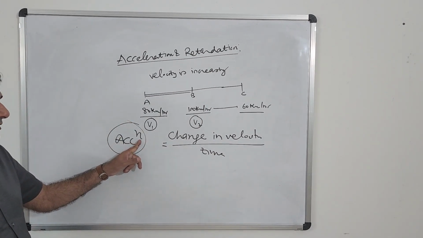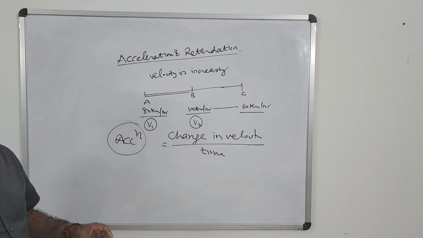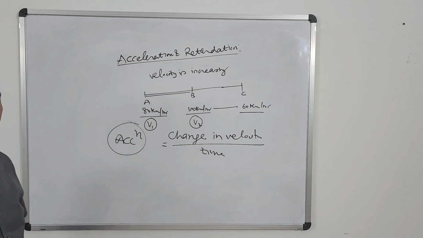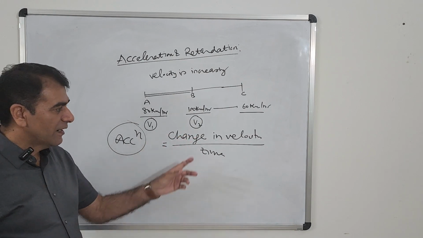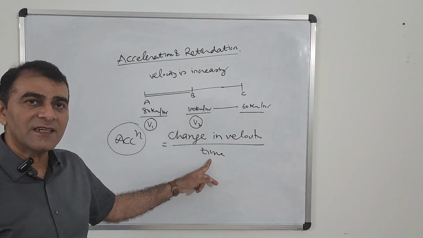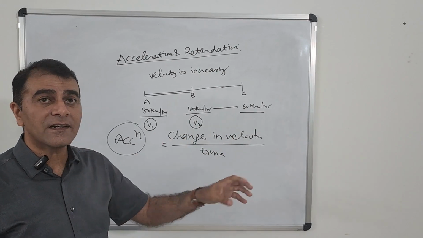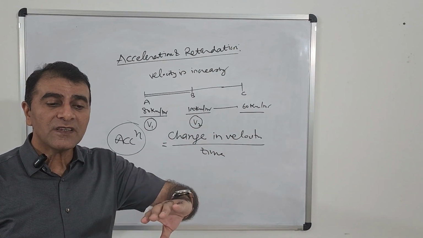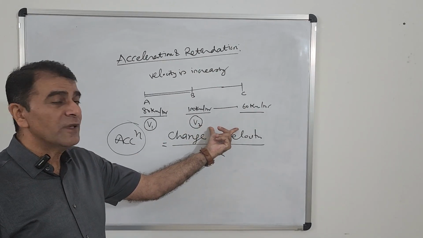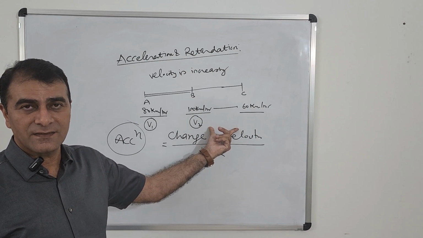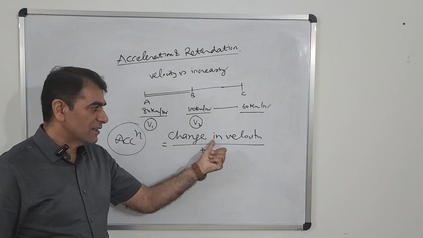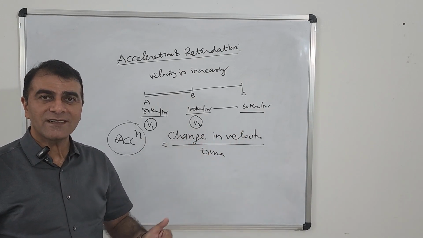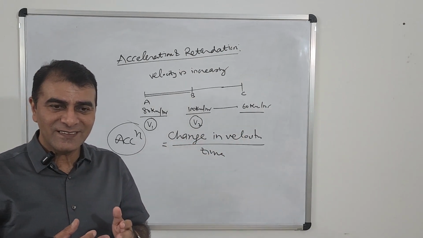Acceleration can be written like this: acc, or you can write it in full. It's your wish. So we have defined what acceleration is. When you divide something by time, this whole thing is called rate. Rate means how, with time, this numerator changes. Okay. So what is acceleration? Acceleration is the rate of change of velocity. How the velocity is changing with time.